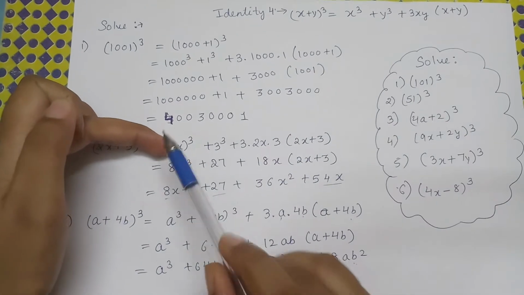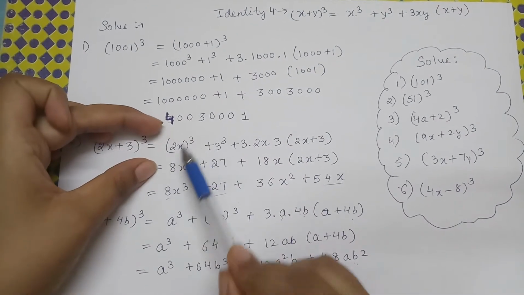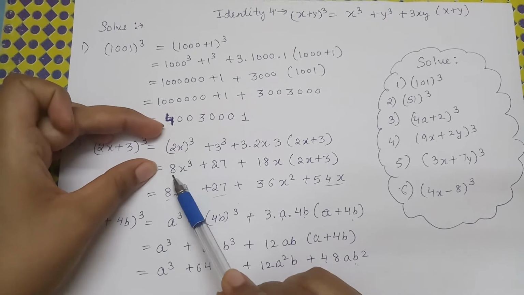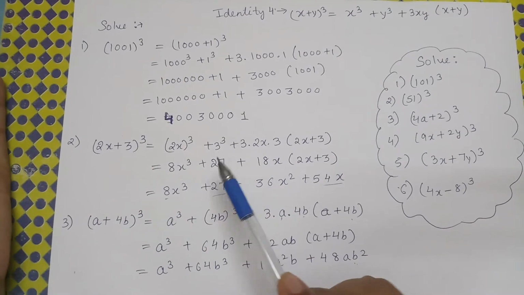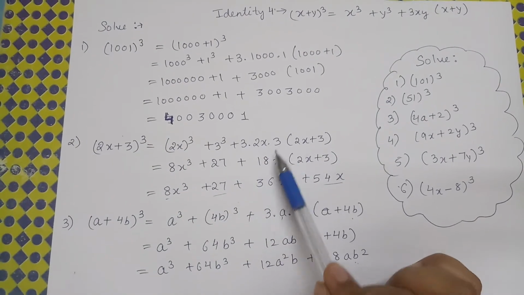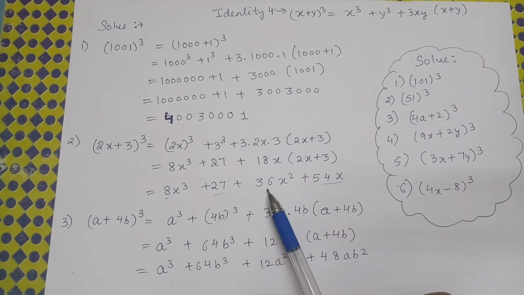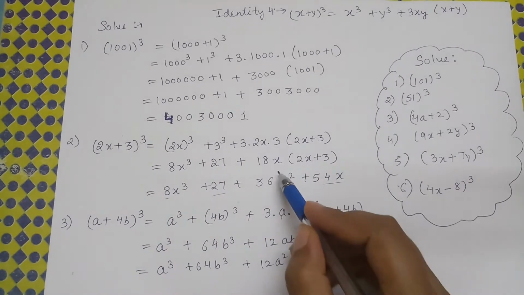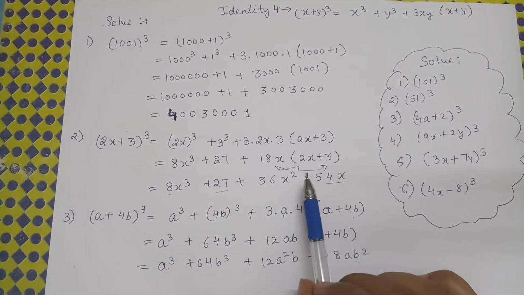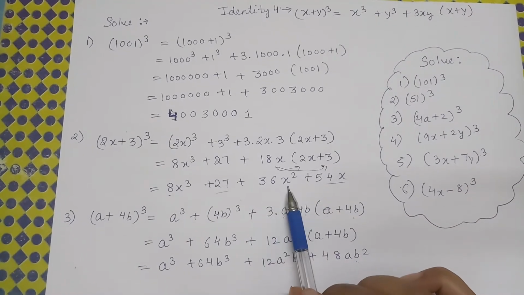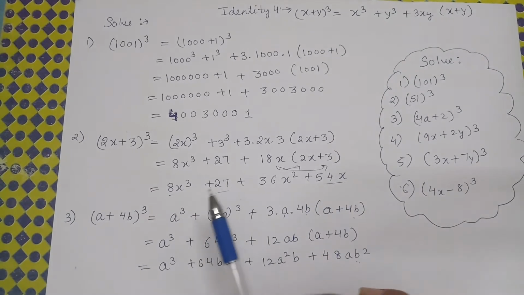First term cube will be on both coefficient and variable. 2 cube is 2 into 2 into 2, 8x cube. 3 cube is 27. 3 into 2 is 6, 6 into 3 is 18x, bracket 2x plus 3. 8x cube plus 27 plus, again we multiply this with the first term, next with this first term. So we will get 36x square plus 54x.